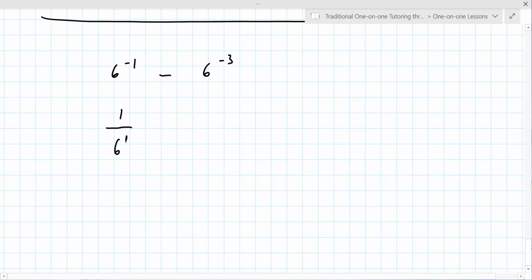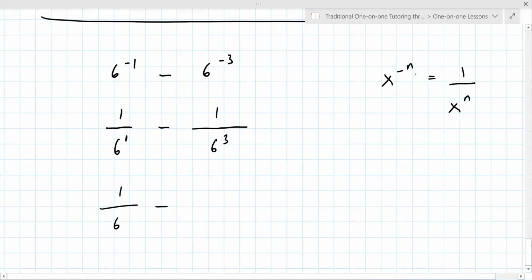And then 6 to the power of -3 is 1 over, okay. But do you have to write the 3? You do, because the rule is if you have a negative exponent, it moves to the bottom. See how this negative n moves to the bottom? -3 moves to +3 on the bottom.